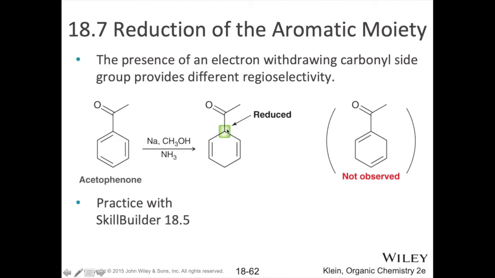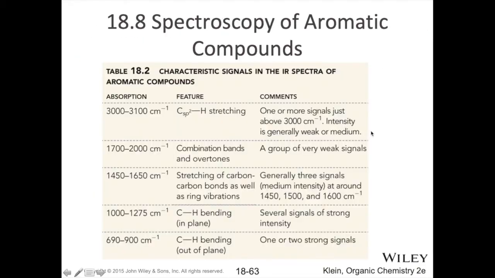So what we do observe, though, is that that carbon specifically gets reduced. We see that as one of our sp3 carbons, and our two double bonds wind up being on either side of it. We do not see the product where that carbon remains an sp2 carbon. So why is that?